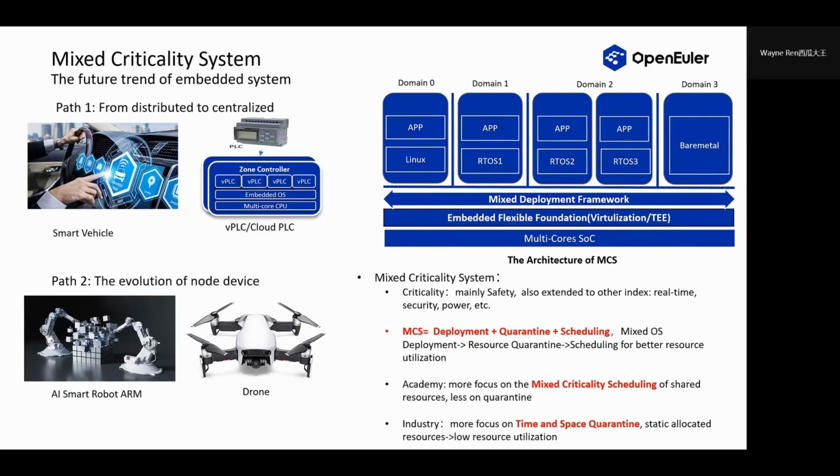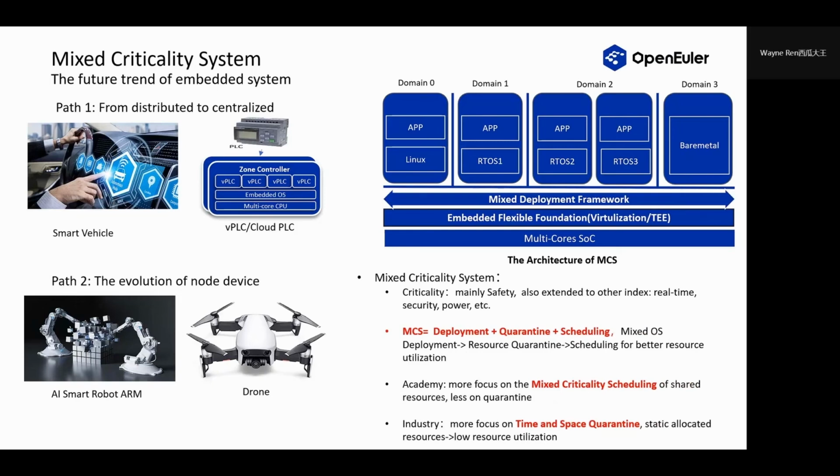In our view, the architecture of a mixed criticality system is, at the top, the application consists of multiple domains. Each domain runs its own best-fit OS or runtime. For example, Linux for management, Windows or Android for UI, RTOS for real-time safety, and bare metal for algorithms.